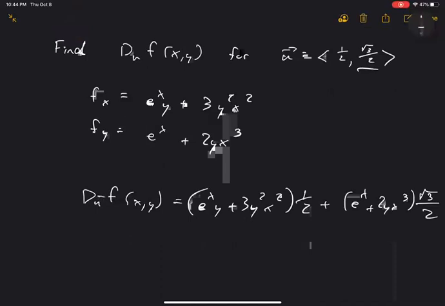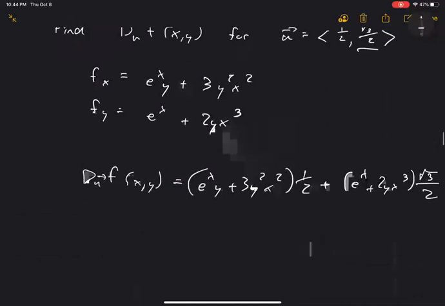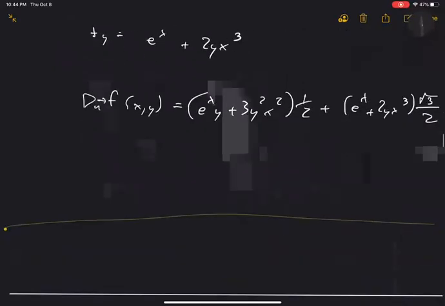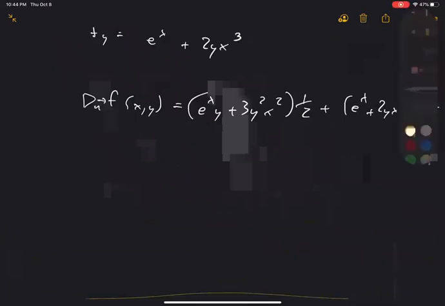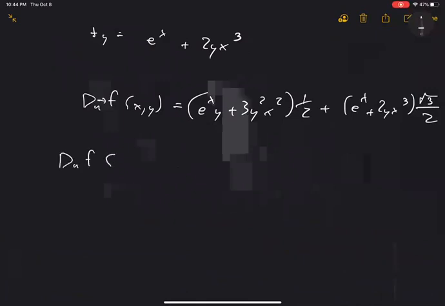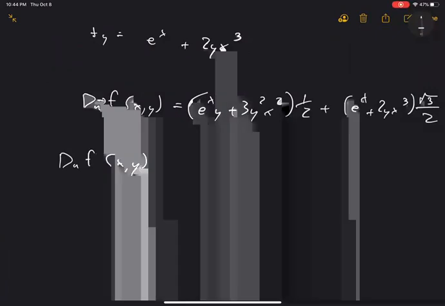And in particular, if I was further told, this is still kind of general. This is just for a general point x, y. Let's say I was told specifically I want to find D u f at the point 0, 2. Okay. Well, then I have my general expression here.